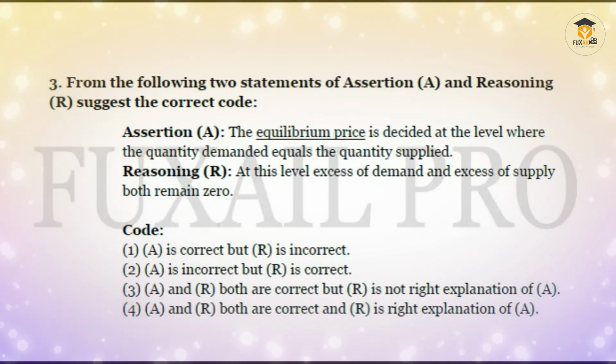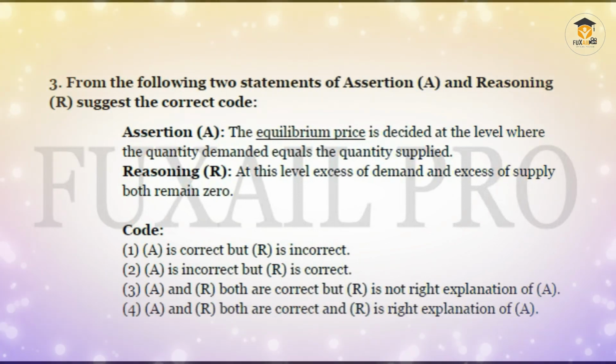A is correct but R is incorrect. 2. A is incorrect but R is correct. 3. A and R both are correct but R is not the right explanation of A. 4. A and R both are correct and R is the right explanation of A.